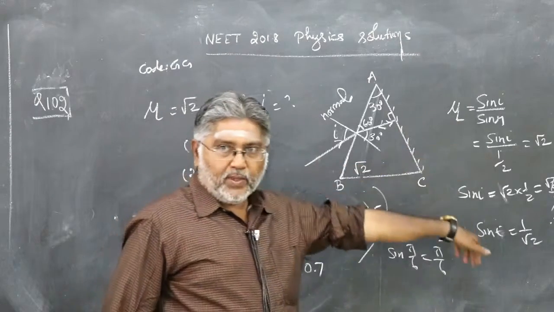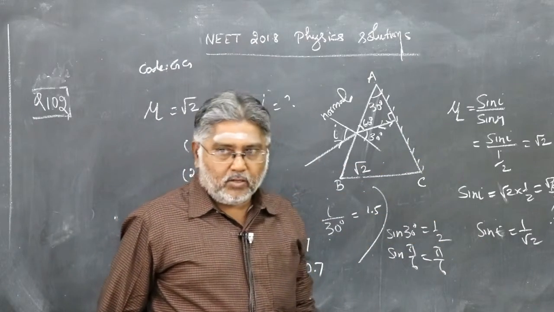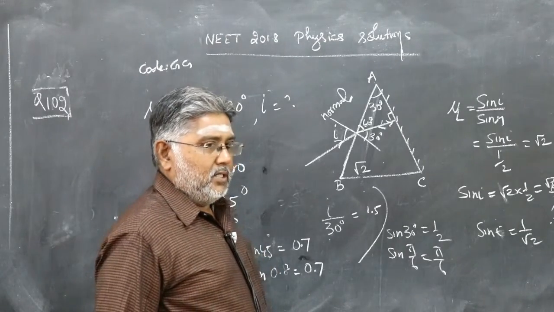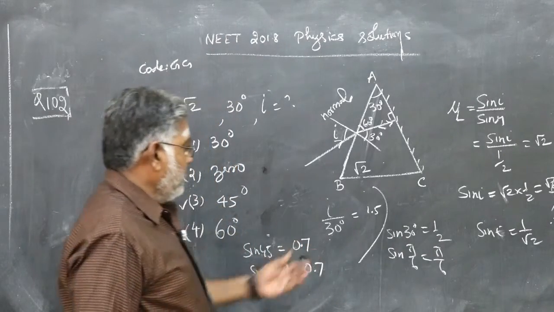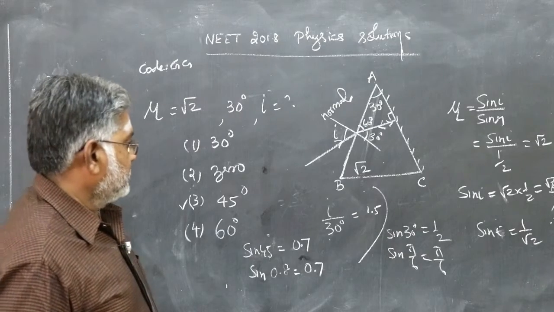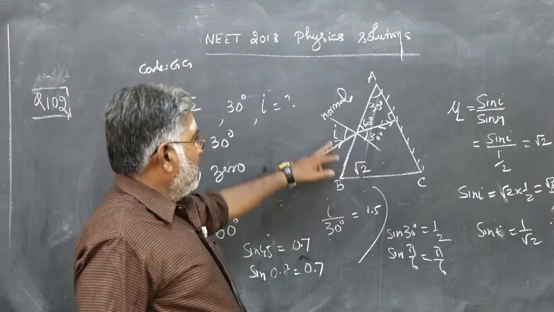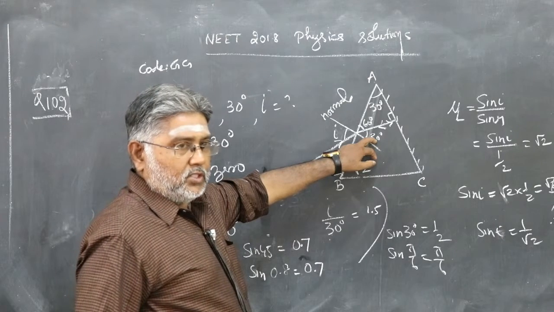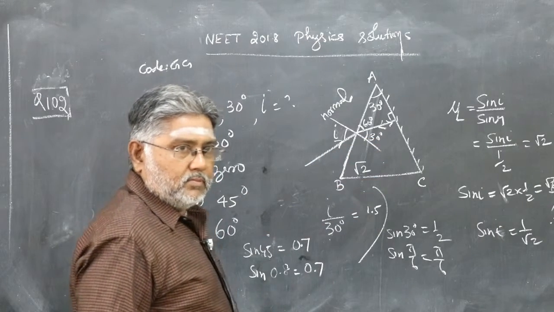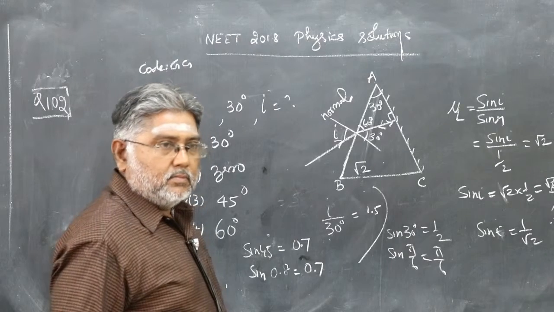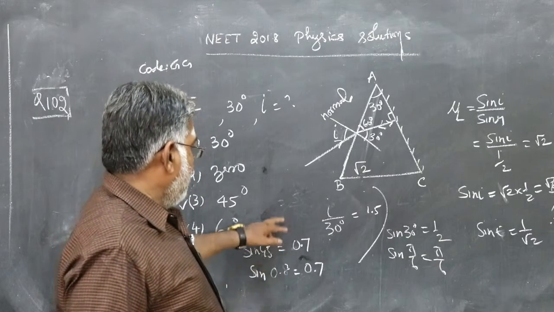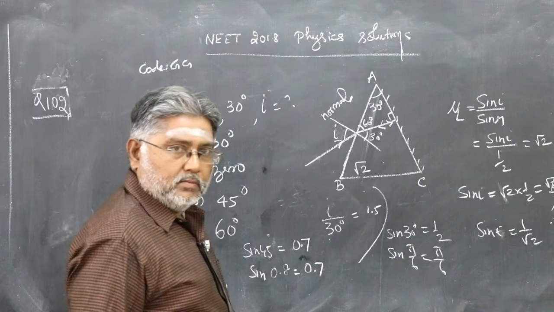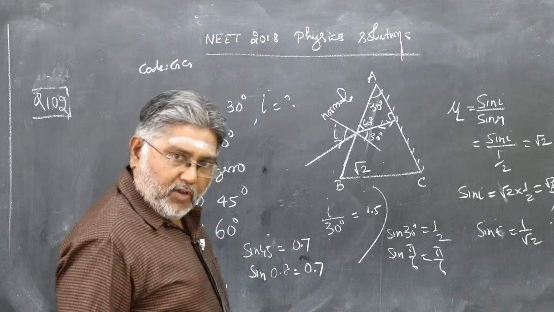I'm just telling all these approximations. Already we did it in a very straight way and we got the answer. This is an extra thinking in case this may be of use on some occasions. See, 45 by 30, simplify, 1.5.